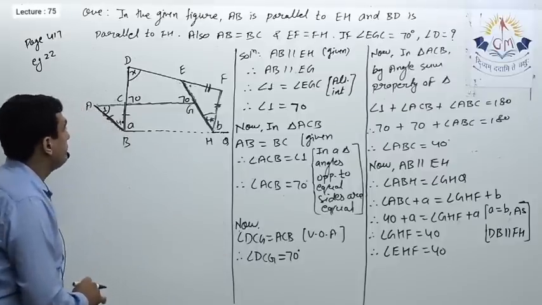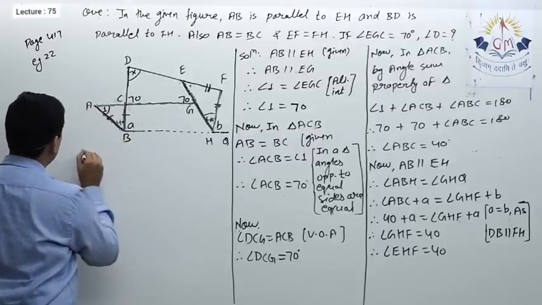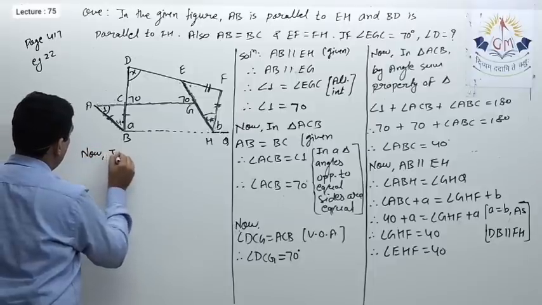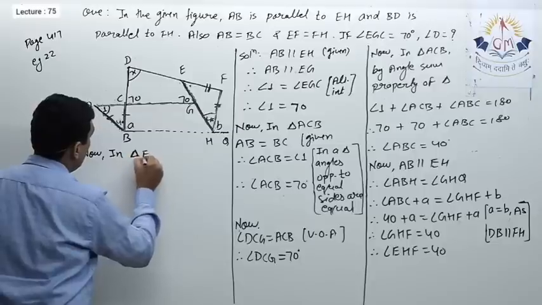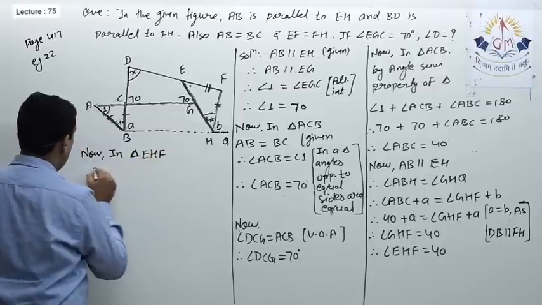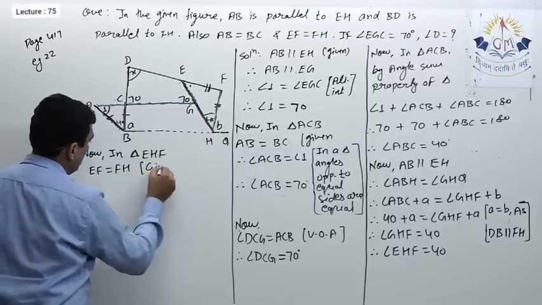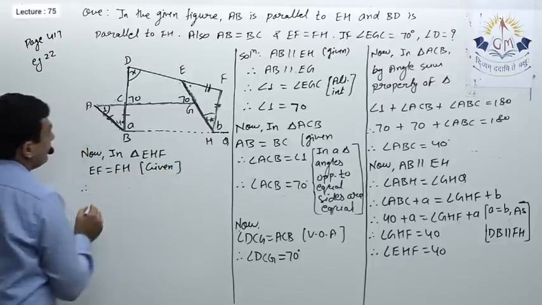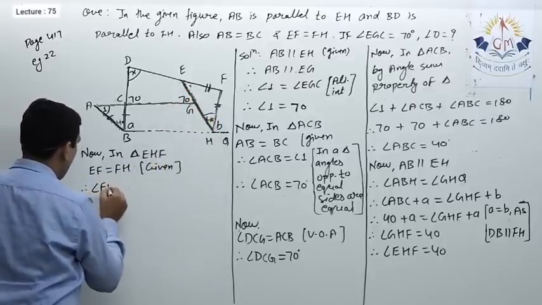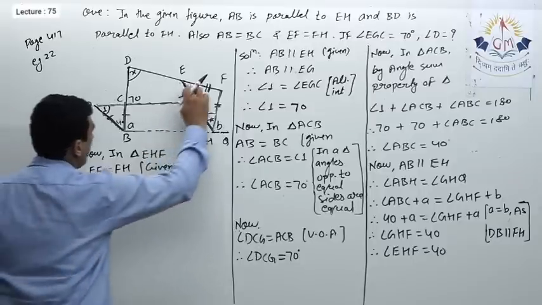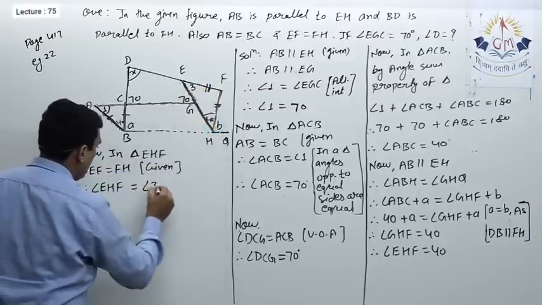Okay, now in triangle EHF, EF is equal to FH given, therefore angle EHF is equal to, now I'm writing this as angle 3, is equal to angle 3.